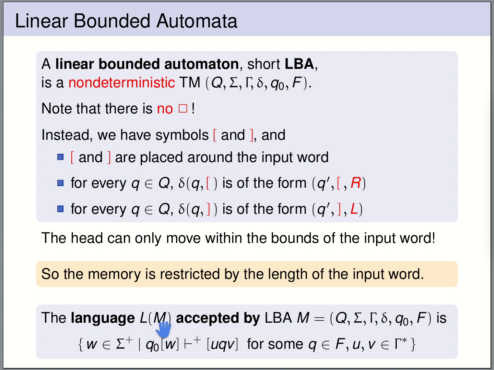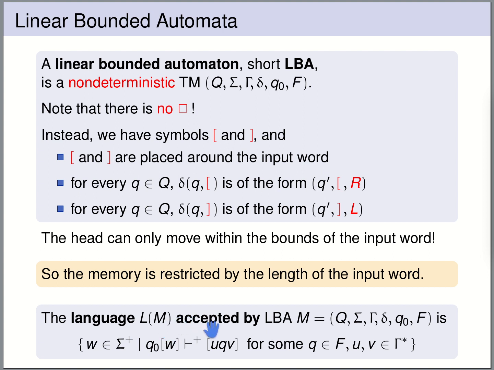So we put these special brackets around the input word, and that is the tape content in which the Turing machine is started. So now the Turing machine stands on the left bracket. So the first thing it will do, it has to move to the right onto the input word w.